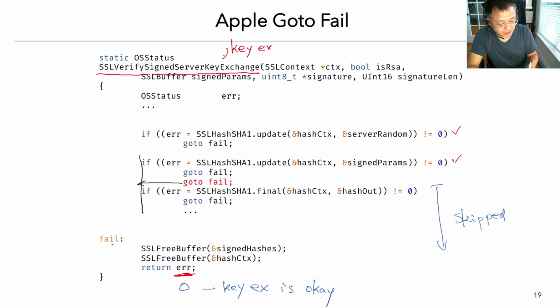But because it's indented to line up with another goto fail, it's easier to miss. This is why there have been conspiracy theories that it was planted by somebody working for who knows who.